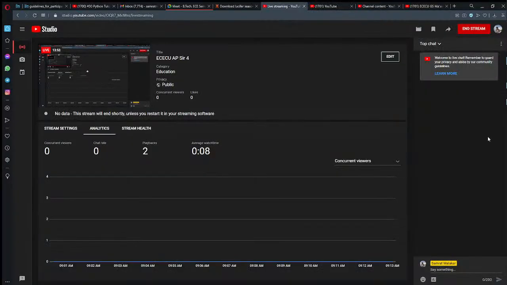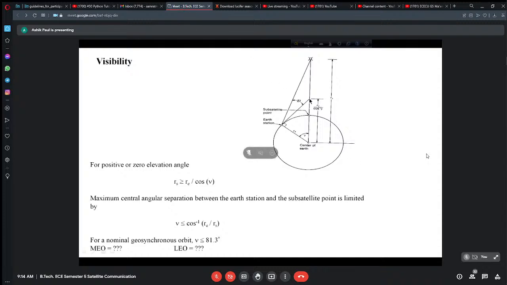That means Rs, the limiting value of Rs, has to be greater than Re by cos gamma, because this Re by cos gamma is the condition when the line joining the satellite with the Earth station is coincident with the local horizon.